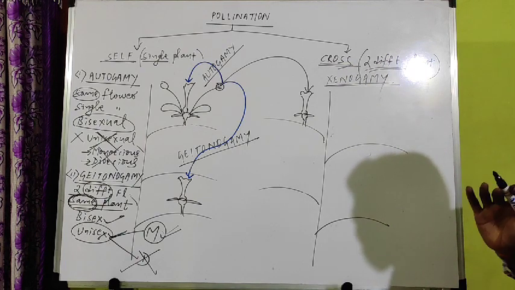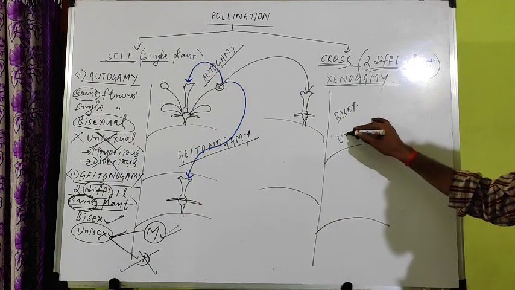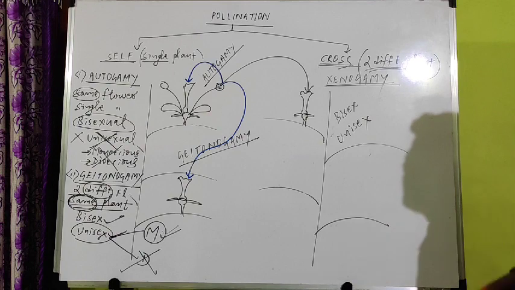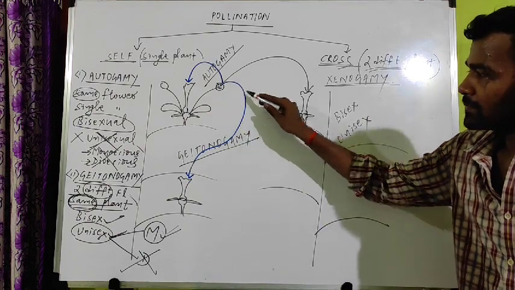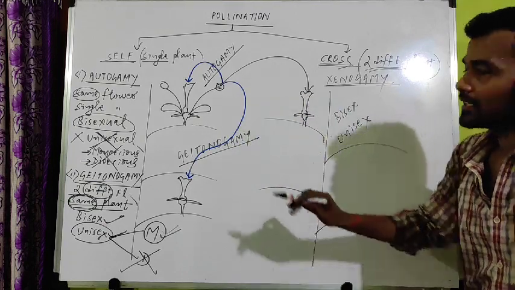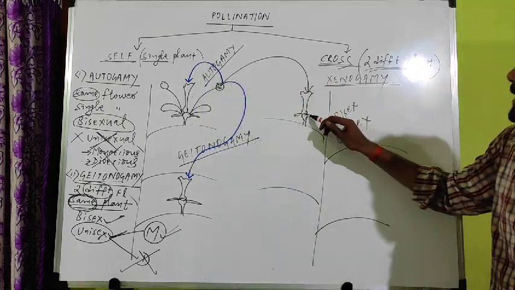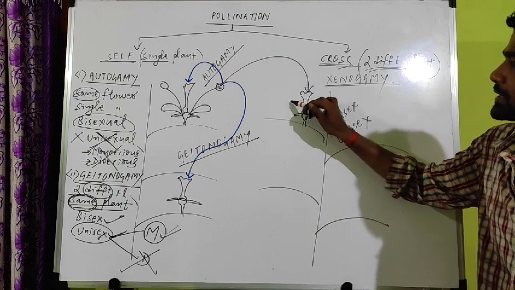So what is the characteristic of xenogamy? First, it takes place in both bisexual as well as unisexual. How? Already you have discussed. Just like geitonogamy can take place between bisexual and unisexual, it can take place between two bisexual. Let here one bisexual and make it bisexual. It is unisexual. Female is present. Now at male part.